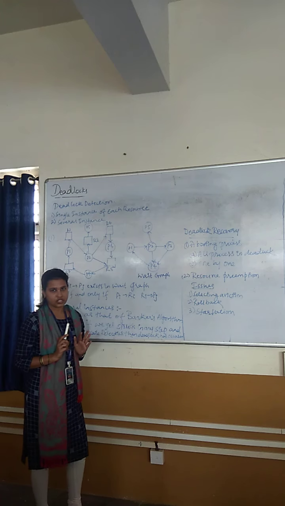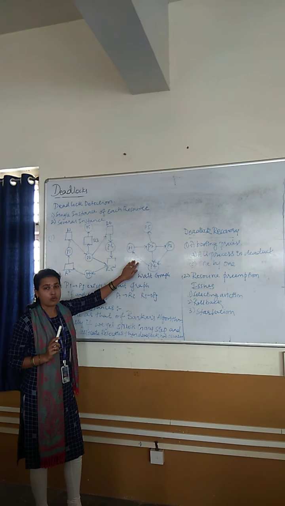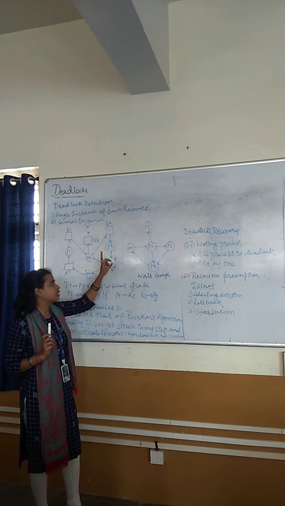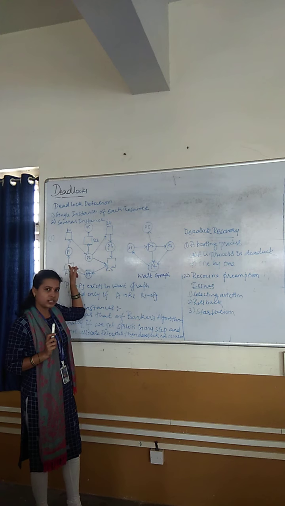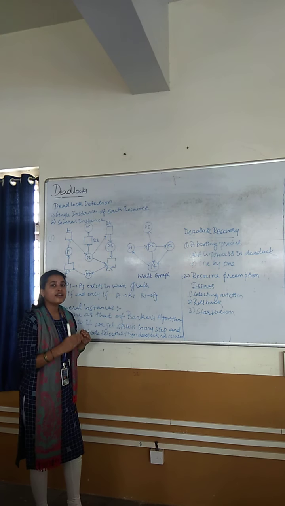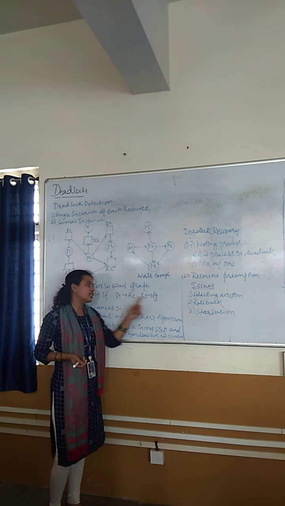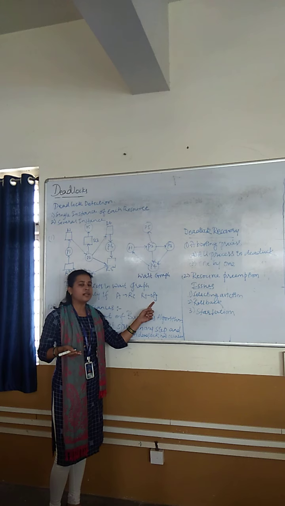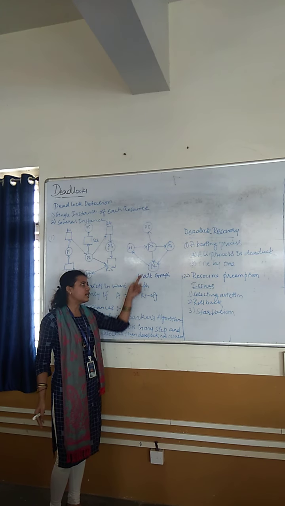So depending on this, the wait-for graph is drawn. It consists of vertices, which are the processes, and edges that indicate the waiting of one process on another. Here Pi is waiting for Pj to complete to get the resource Ri. This is called a wait-for graph.